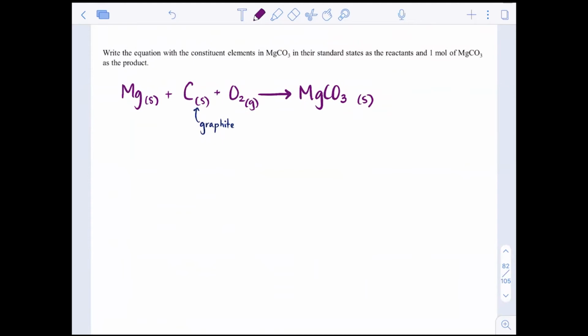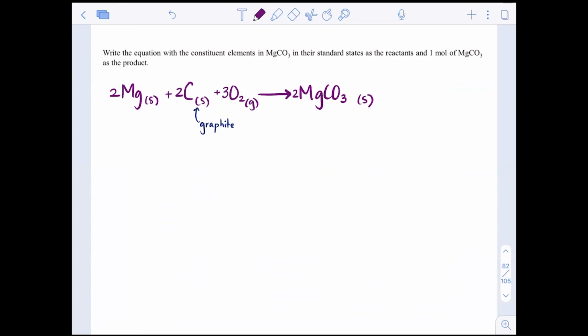Now, to balance this chemical equation, we would do this the same way as what we had done before. We would see magnesium, there's 1 on each side, carbon, there's 1 on each side, and oxygen, there's 2 on the reactant side and 3 on the product side. So you might go through the whole rigmarole of finding the common multiple and then balancing the chemical equation.